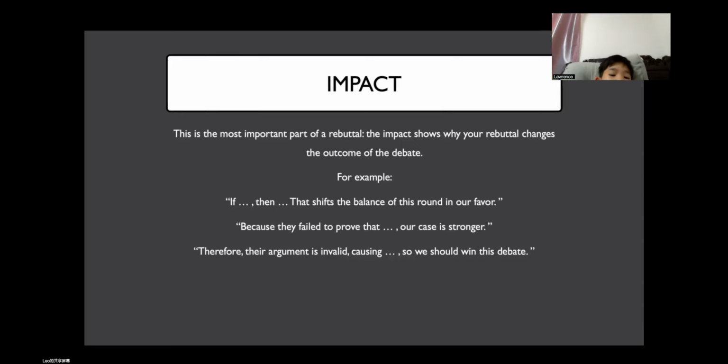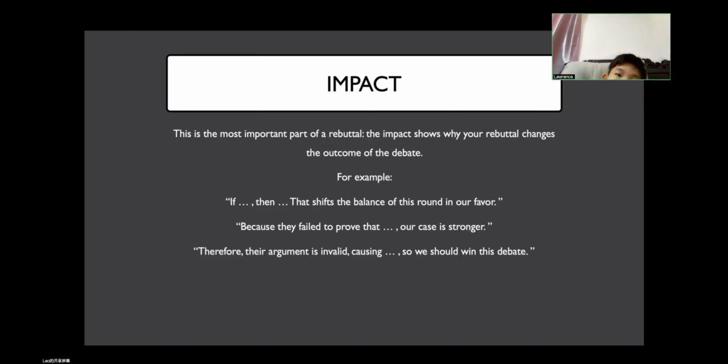Now we have the impact. This is the most important part of the rebuttal. The impact shows why your rebuttal changes the outcome of the debate. For example, I will use a deforestation example. If deforestation happens, then the animals will lose their shelter. That shifts the balance of this round in our favor.